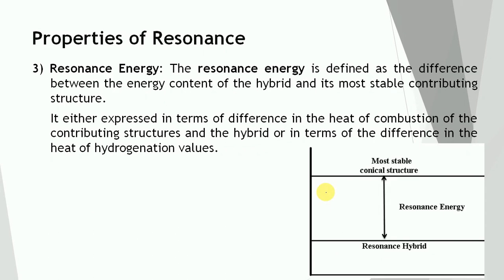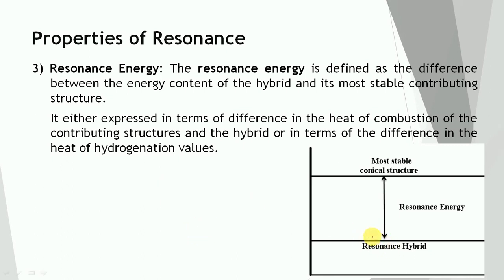The third one is the resonance energy. The resonance energy is defined as the difference between the energy content of the hybrid and its most stable contributing structure. So it is the difference between the energy of the resonance hybrid and the most stable contributing structure. It is expressed either in terms of the difference in heat of combustion of the contributing structure and the hybrid, or in terms of the difference in heat of hydrogenation values.